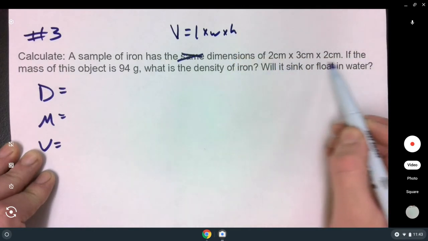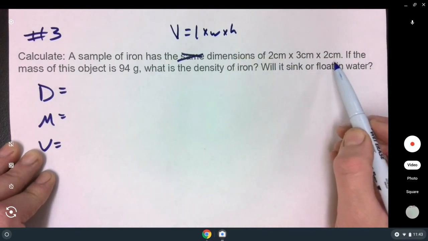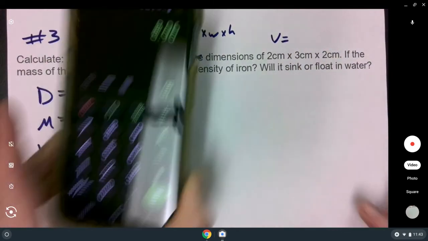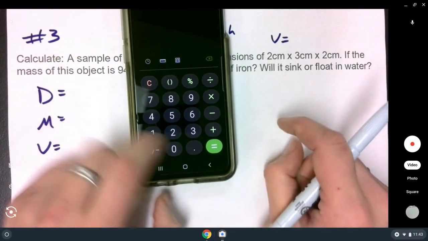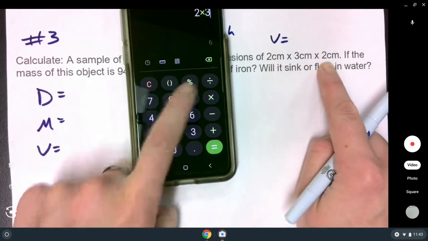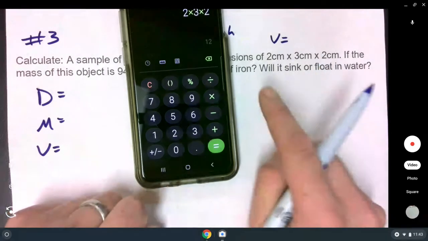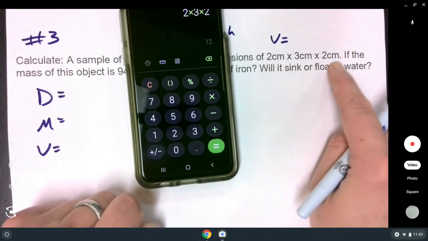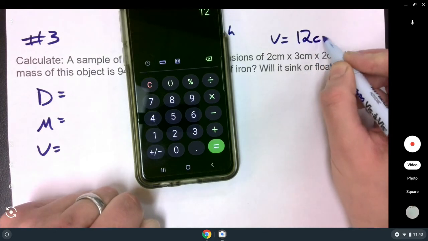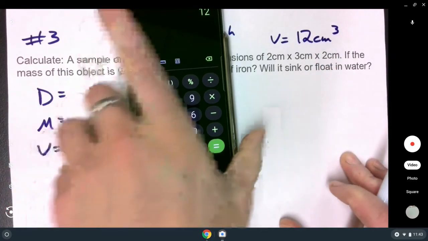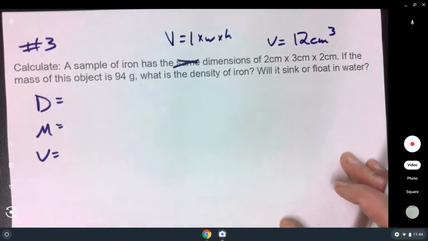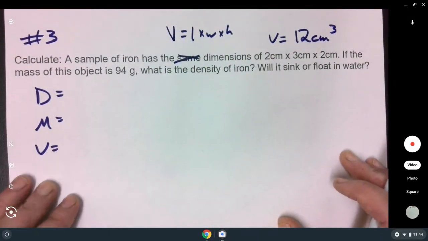So really, we just need to multiply these together to find our volume. So our volume here, 2 times 3 times 2, length times width times height, is 12. So 12 centimeters cubed. Sorry if that was kind of off the screen. 12 centimeters cubed is our volume.